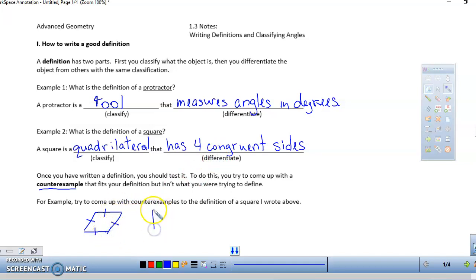So a square not only has four congruent sides, but you also have to have right angles. Okay, so you would actually need to add on to this. So it has four congruent sides and four right angles. And then that would be specific enough to define a square.